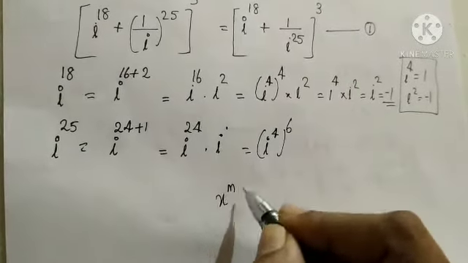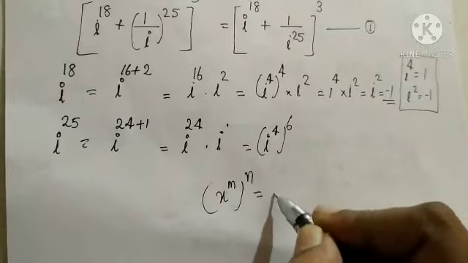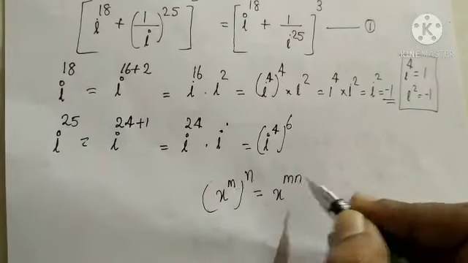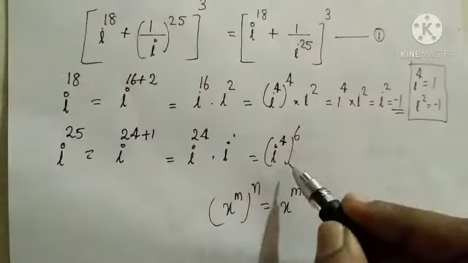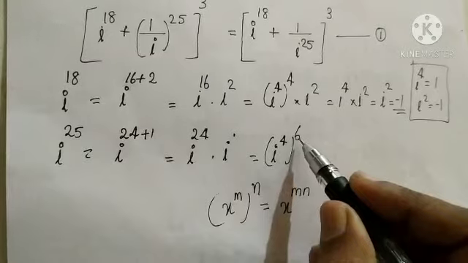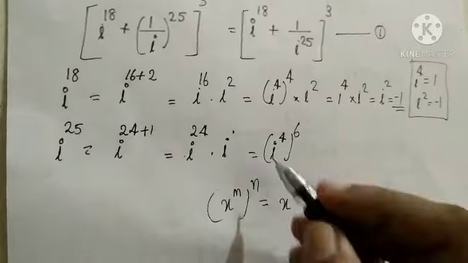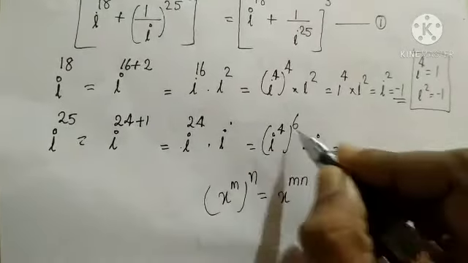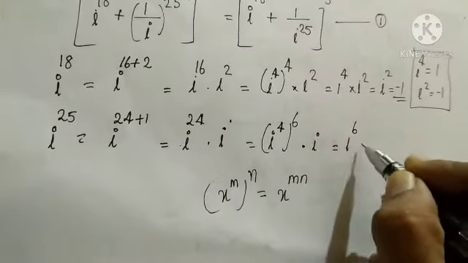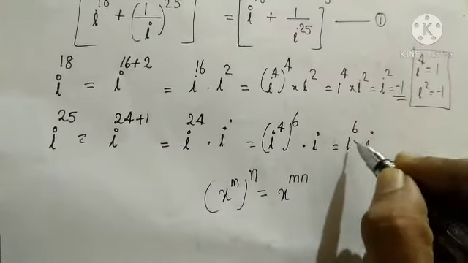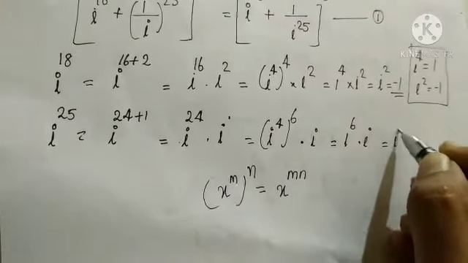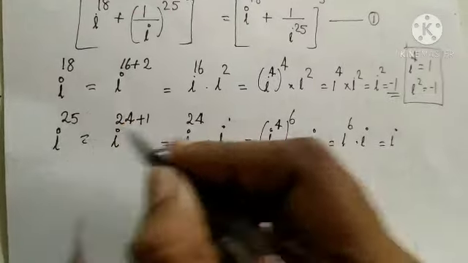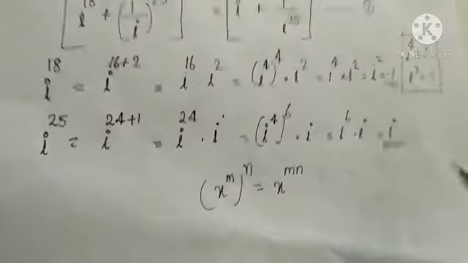Using the x raised to m whole raised to n law of exponents, it can be written as x raised to mn. So i raised to 4 into 6 is equal to i raised to 4 whole raised to 6, into i. i raised to 4 is 1, 1 raised to 6 into i, 1 into i is i. So the i raised to 25 answer will be i.